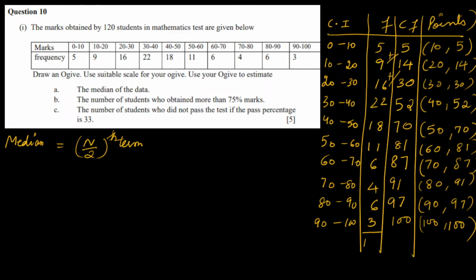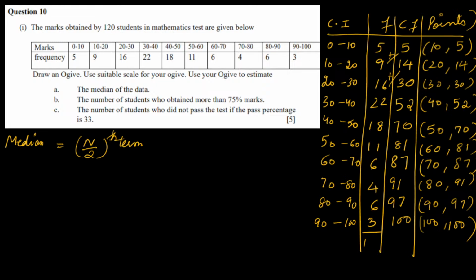Let me check once again. 5 plus 9 plus 16, 22, 18, 11, 6, 4, 6, 3.